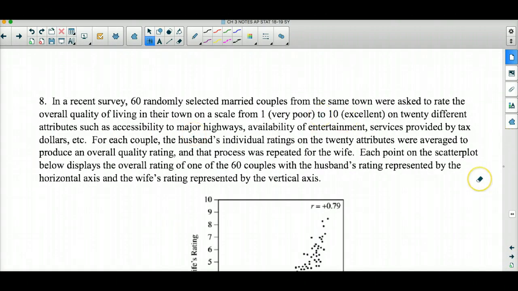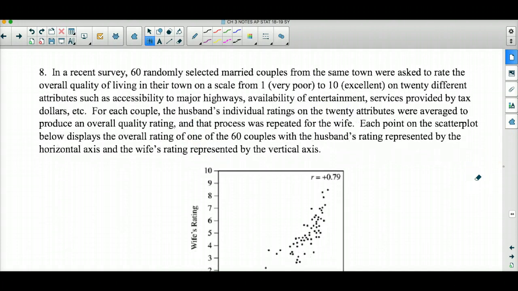Numero 8. In a recent survey, 60 randomly selected married couples from the same town were asked to rate the overall quality of living in their town on a scale from 1, which is poor, to 10, which is excellent, on 20 different attributes, blah, blah, blah.